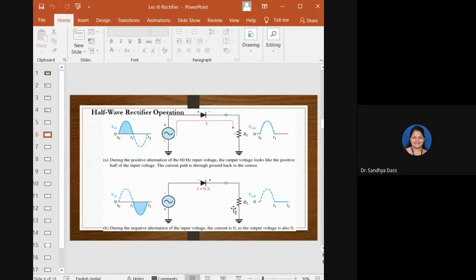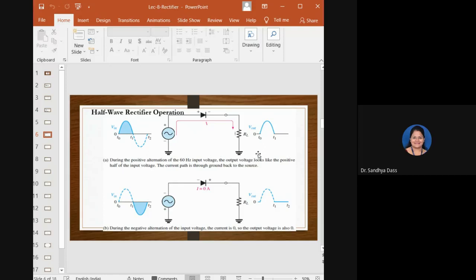There is no current flowing and no output voltage, so you won't get any output across the output terminals for the negative cycle. The net result is that in the rectifier circuit, only during the positive half cycle does the AC input voltage appear across the load.